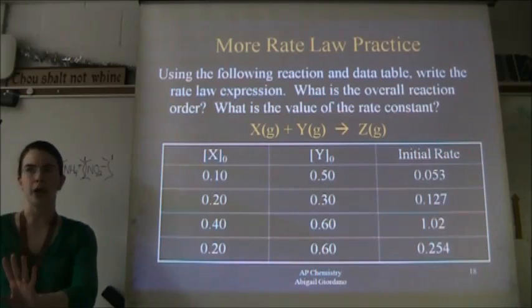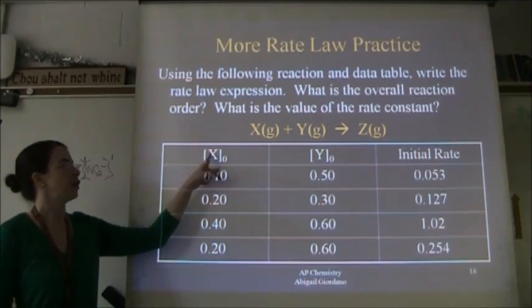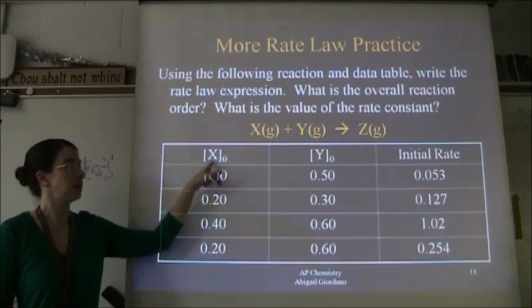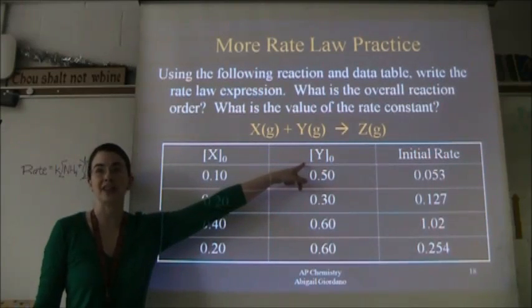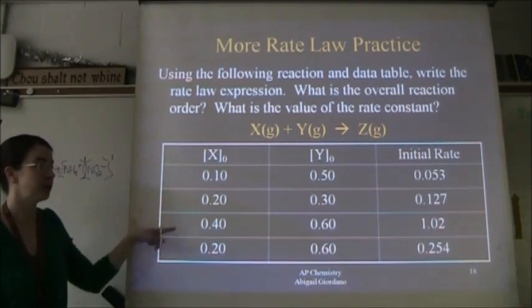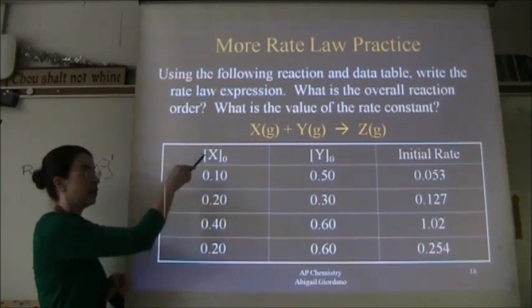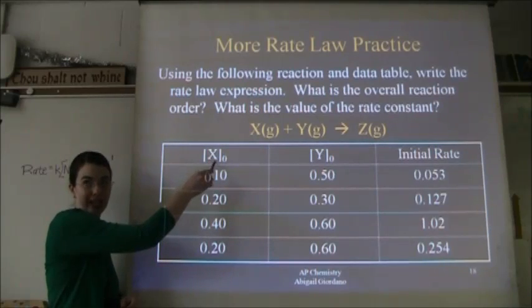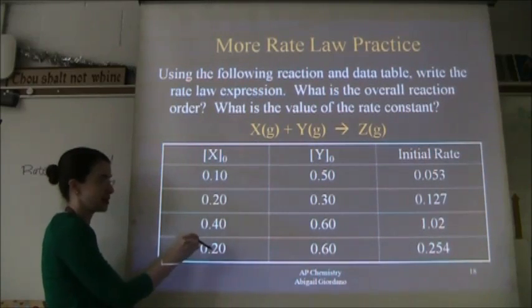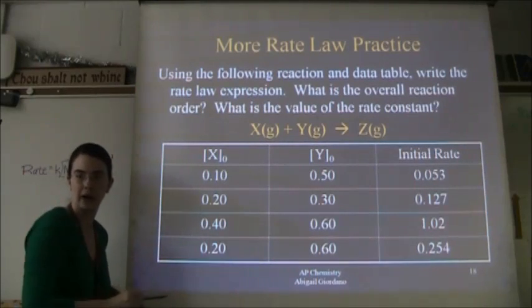Okay, well, hold on. The one that you're focusing on needs to be changing, and anything else has to stay constant. Okay, it can't be 2 and 4. This one has to be changing, and this one's staying constant. 2 and 4, that's not going to work. This isn't changing. So 3 and 4.